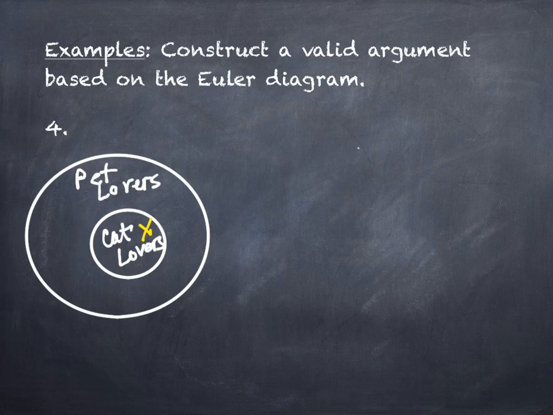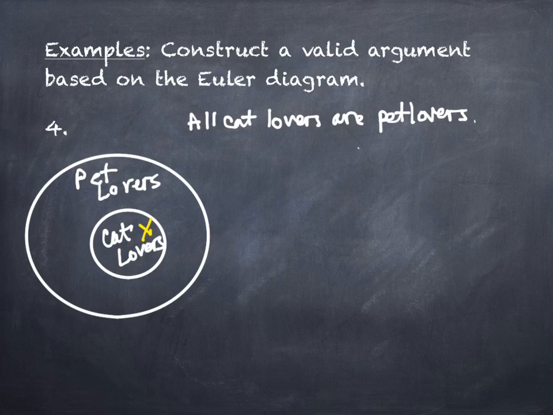So my first statement is all cat lovers are pet lovers. Why am I using the word all? Because I've got the double circle thing going on, right? And why do the cat lovers come first? Because that's the inner circle. So everybody in the inner circle is automatically in the outer circle, and we've written that description down.